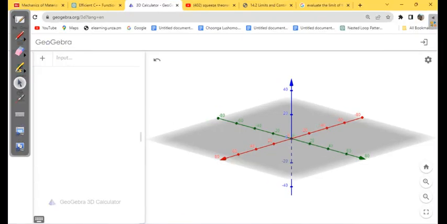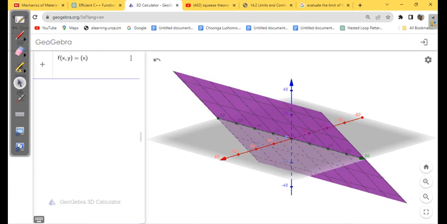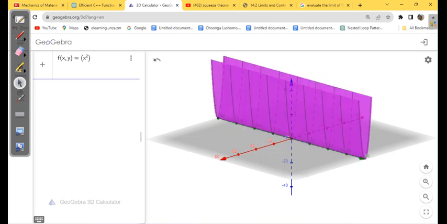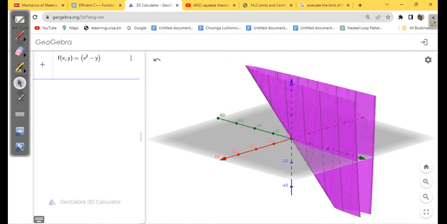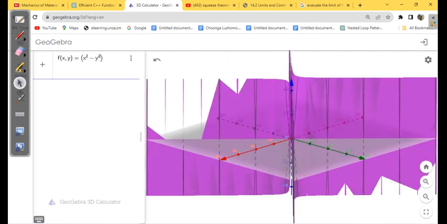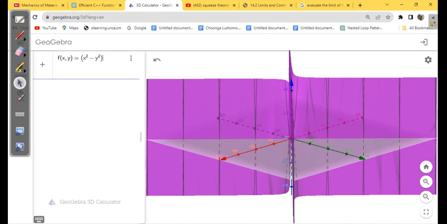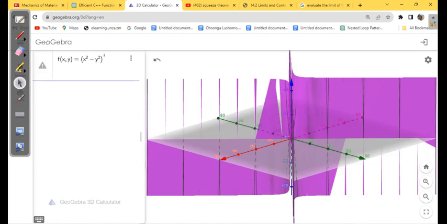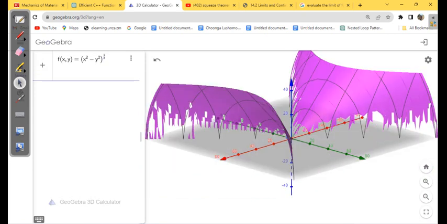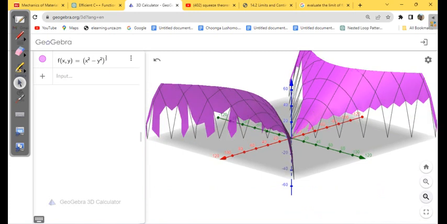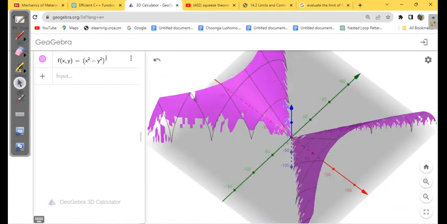So we had our f of x comma y equals x squared minus y squared, raised to 1 over 2. So that's what I have right here.